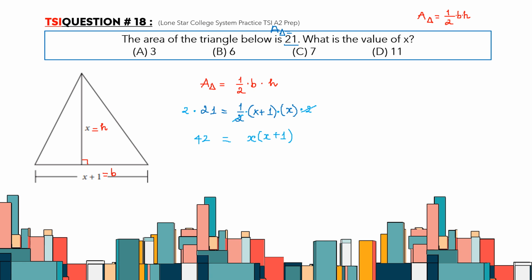And also, when you have the left hand side equal to the right hand side, you can switch left and right. So I could write x times x plus 1 on the left hand side, and it's still equal to 42. Then x distributed inside the parentheses will be x squared. X times 1 will be positive x, equal to 42.